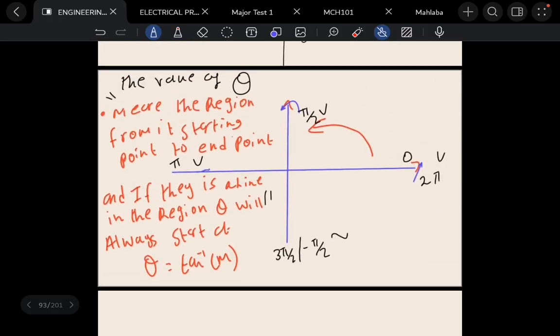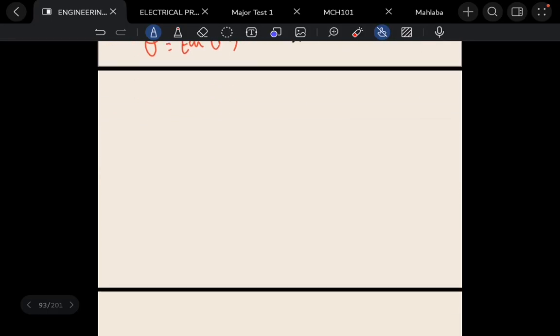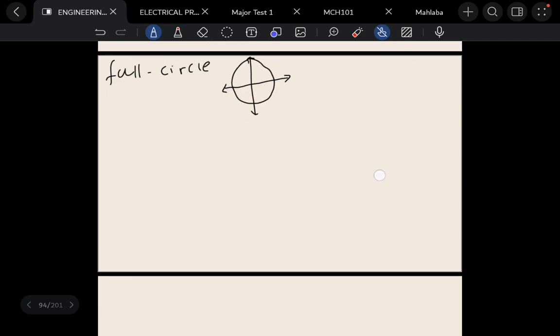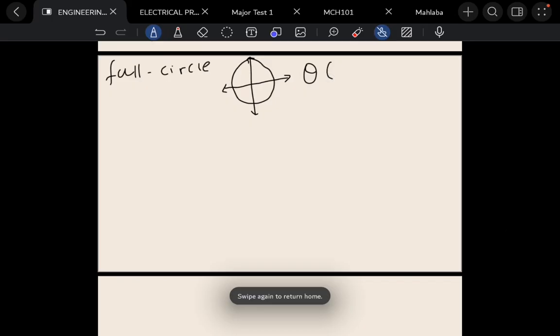Another thing you need to know about is the circles. Now, if I draw a full circle in your Cartesian plane, it is something like this. A full circle will always have theta from 0 to 2 pi.